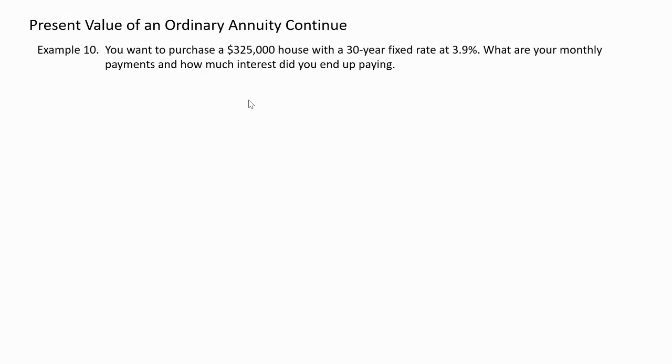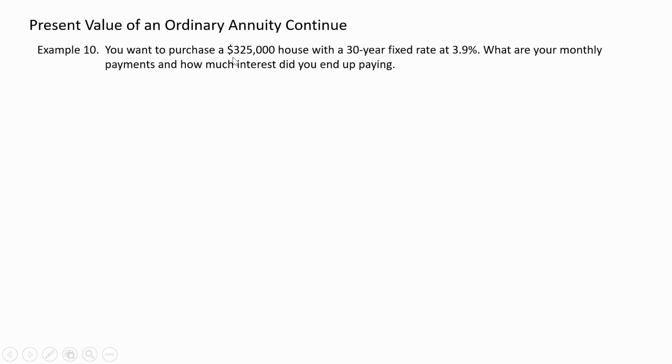This particular student was going for engineering, and she was saying she's going to be successful and make a lot of money. So I asked her, what kind of house do you want to buy? She said, I want to buy a $325,000 house. So this is the example that we use. I got it from a student, and it's a real life situation, guys.